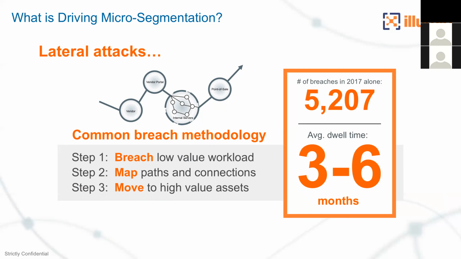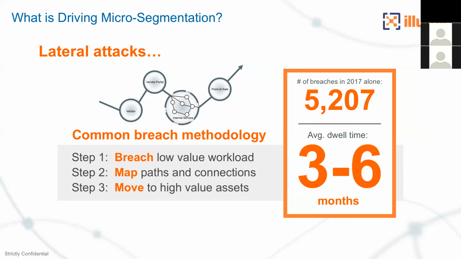What happened there is what happens to organizations all over the world. Some low value asset is compromised. Attackers hang out there for a while, they do reconnaissance, and they slowly move their way through the network until they get to some critical asset, some crown jewel, where they're able to start extracting data. It's very rare you hear of some breach where you're just able to get directly to some critical database in the environment and start pulling data out.